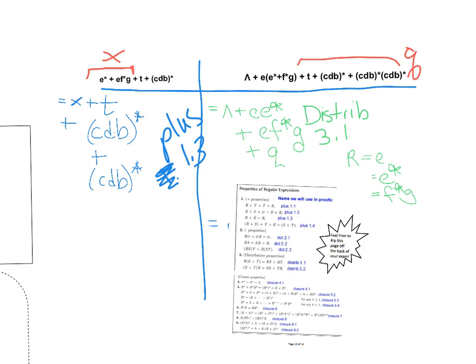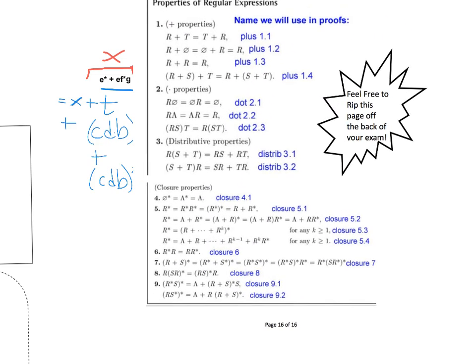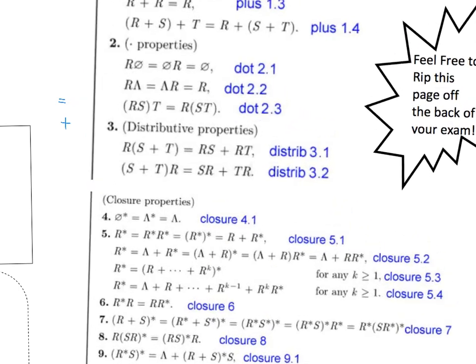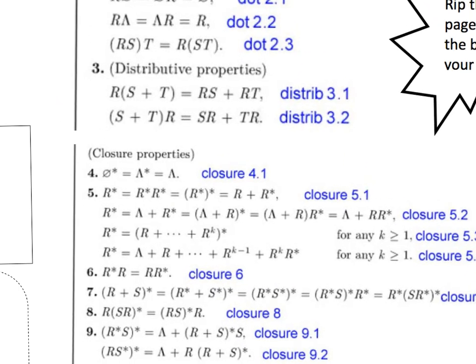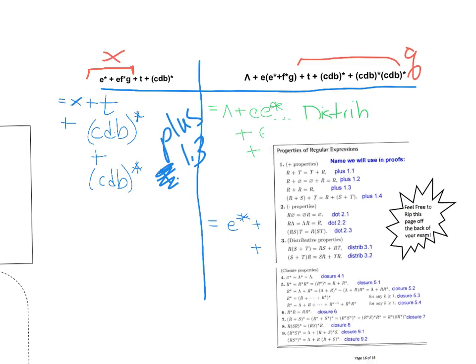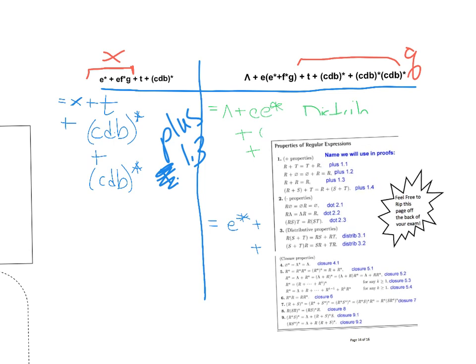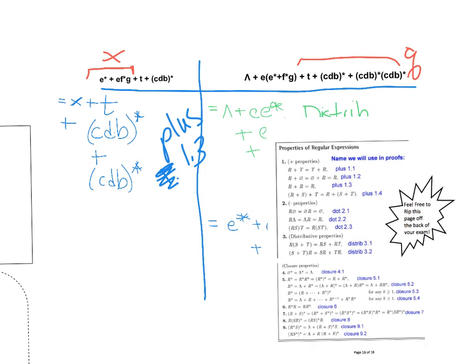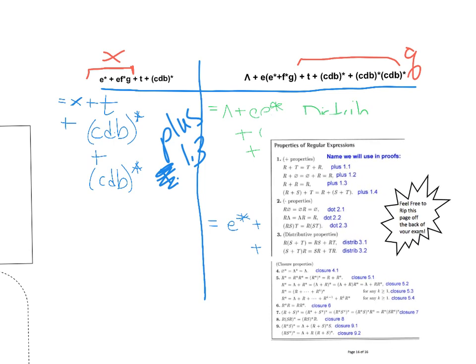And now I can use the rule that just says rule 5 here, 5.1, that says that R star equals R star times R star. I can use that very nicely to get the Q side of the proof to look nice.